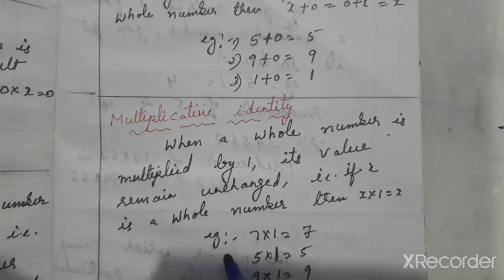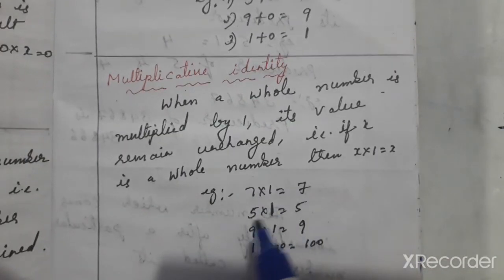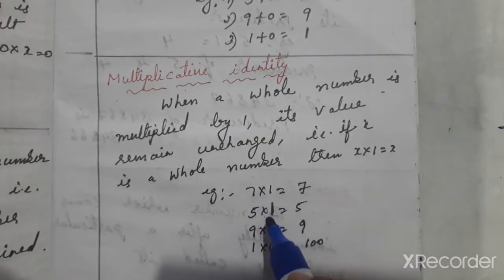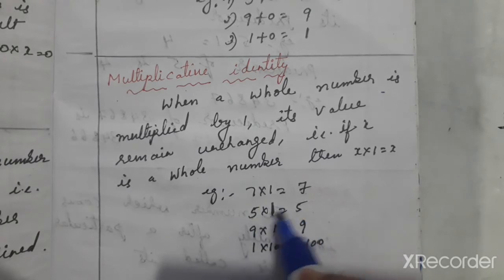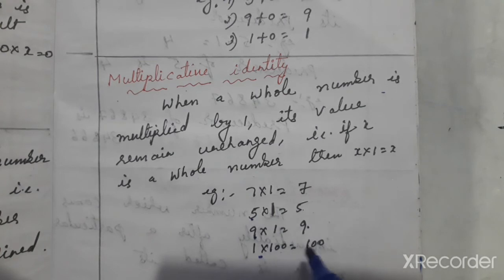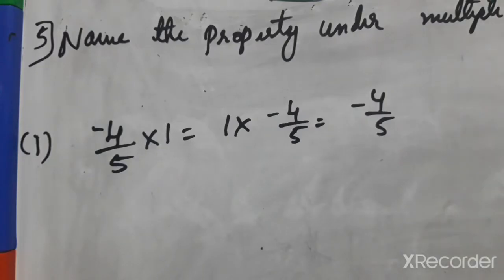Now, 7 into 1 is 7, for example. Any number we multiply with 1, we get the whole number itself. 5 into 1 is 5. 9 into 1 is 9. 1 into 100 is 100. The number itself.